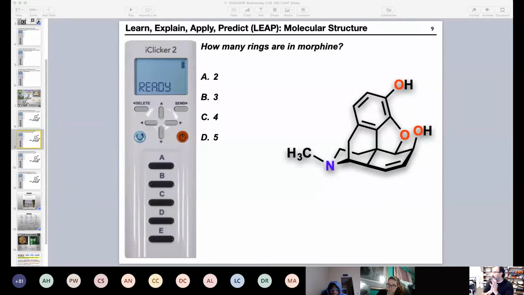I'm looking at the chat. I see sp2 show up. So what is the bonding pattern for an sp2 hybridized carbon? What types of bonds are involved? The geometry is trigonal planar.